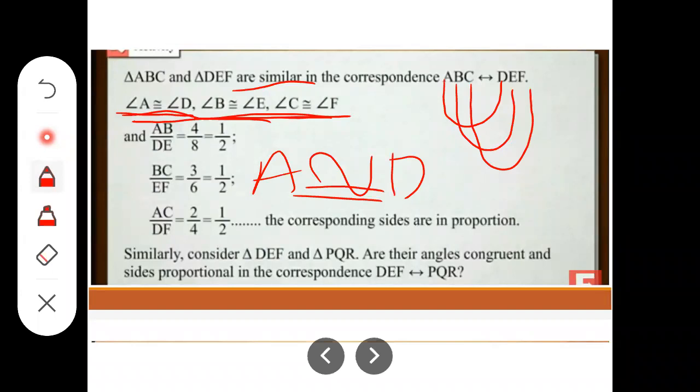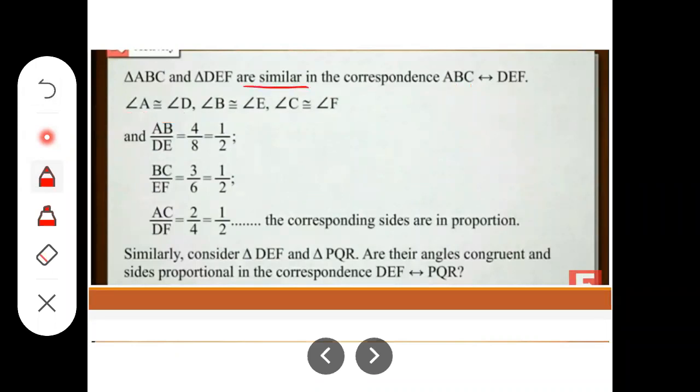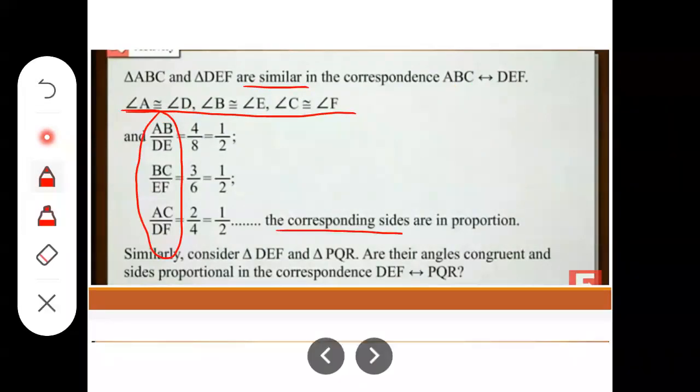Now, in similar triangles, when the corresponding angles are congruent, their corresponding sides are in proportion. Corresponding sides are in proportion.